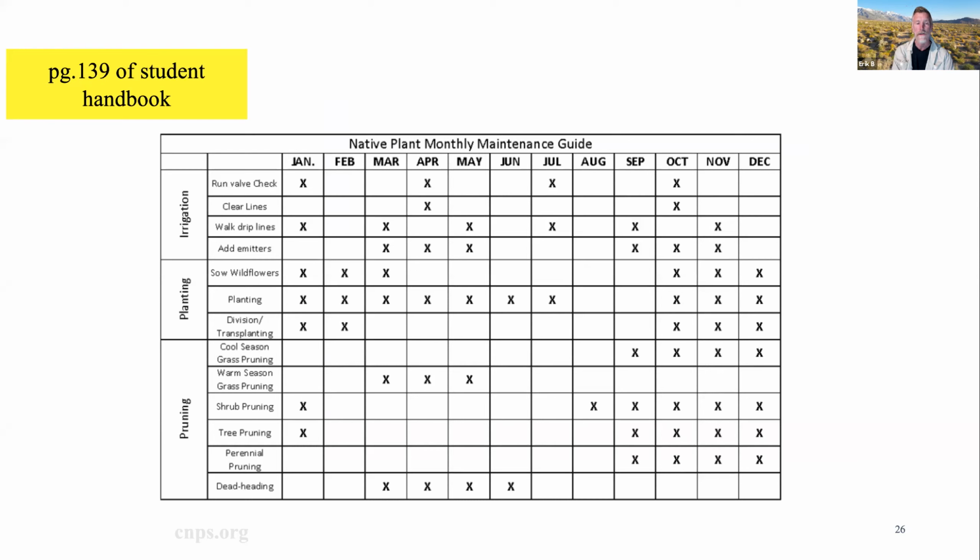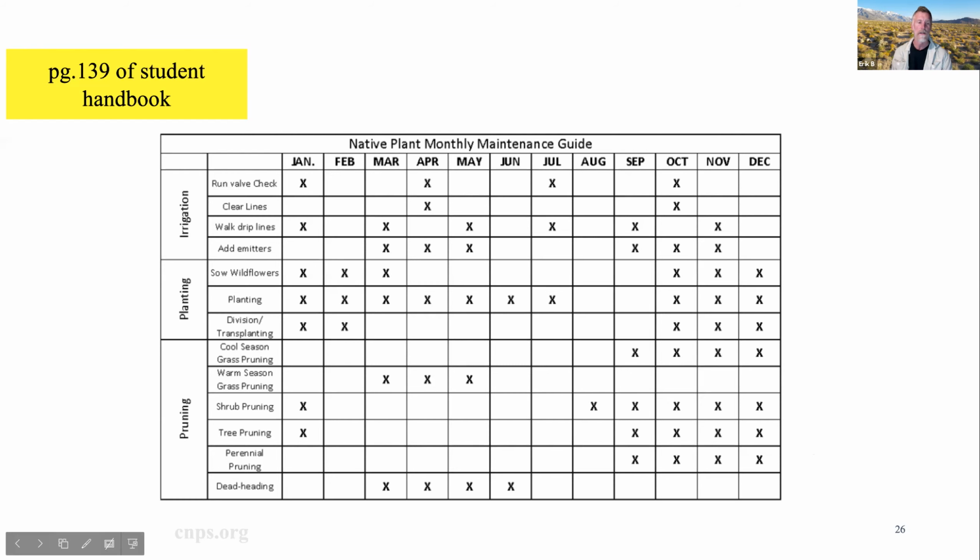This is a checklist of what you'll be doing. Let's split it up into quarters. January through March, you're going to be sowing your wildflowers. You most likely will still be planting. And this goes on for 2 pages. So it's a good reference for when I will be doing these things.